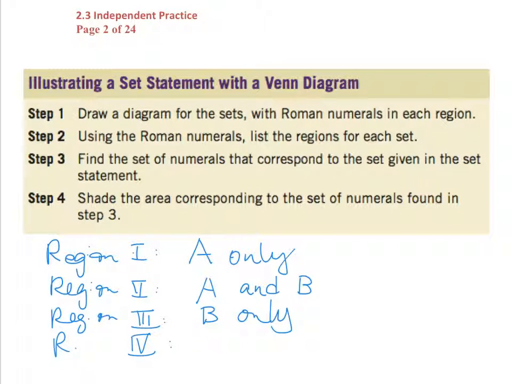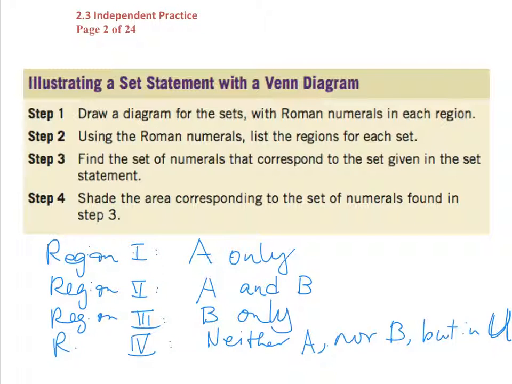These represent the elements that are in the universal set, but they are in neither A nor B. But in U, in the universal set. That's an ugly U. There we go, a little better.